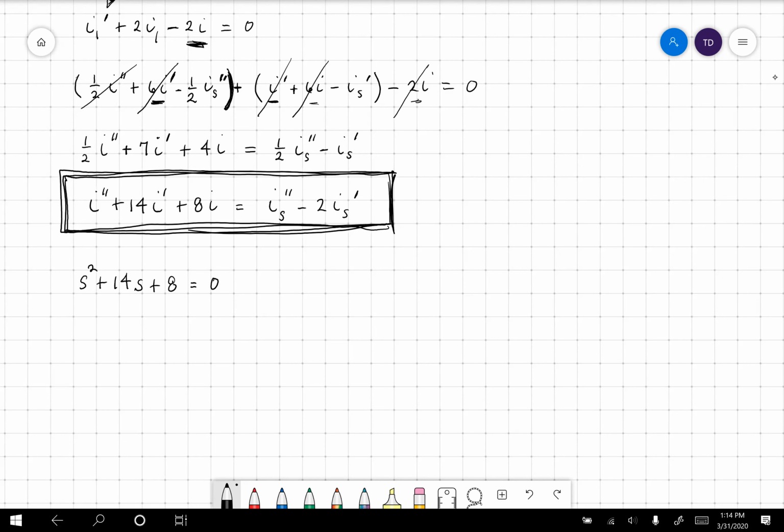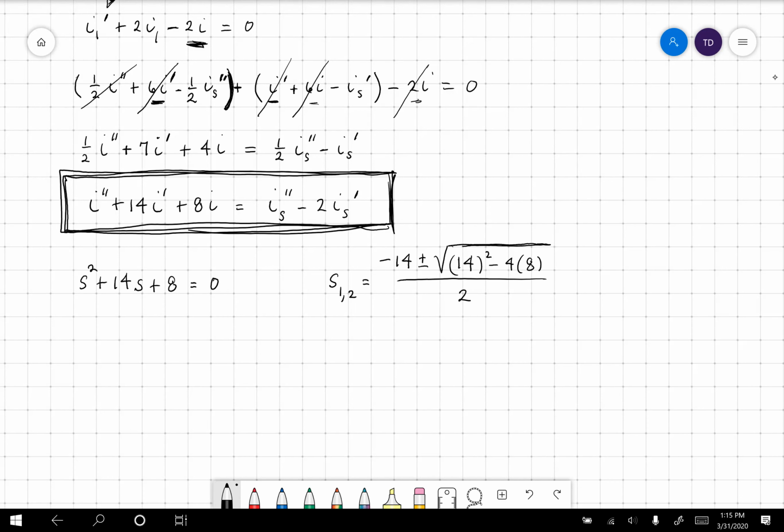This might be a little ugly, but certainly you can help me out with numbers if I need some help. So S1,2 equals minus B plus or minus the square root of B squared, 14 squared, minus 4 times 8, all divided by 2.